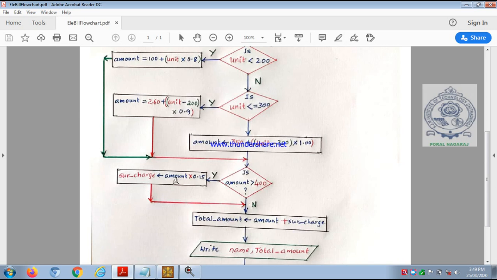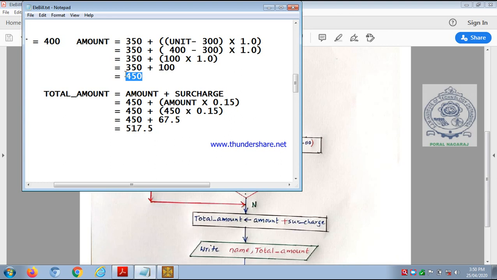Yes, yes means what you have to do? Surcharge is assigned a value amount into 0.5. Okay, so that is 67.5, the surcharge that we are going to add. See, total amount, follow the arrow mark, total amount is assigned a value amount plus surcharge. So what is the amount here? 450 rupees. What is surcharge?